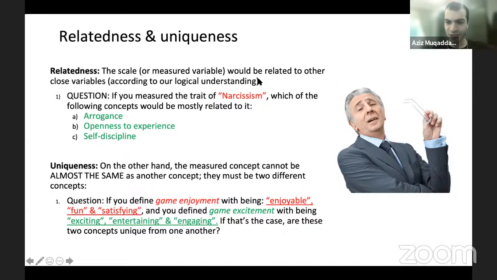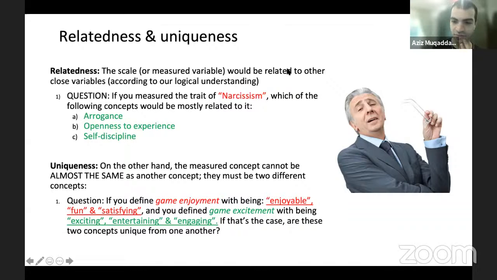If I give an example, it will become much clearer. Suppose we're measuring the trait of narcissism. People are familiar with narcissism, right? Which of the following concepts should be mostly related to narcissism? A, arrogance, B, openness to experience, and C, self-discipline. Which one should be more related to narcissism?